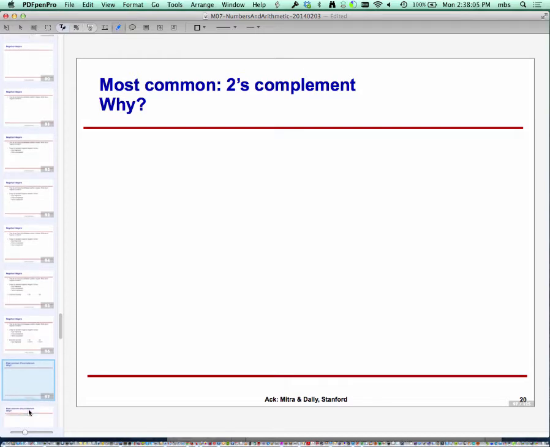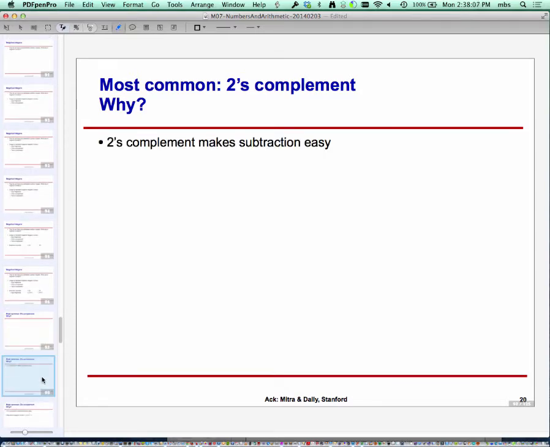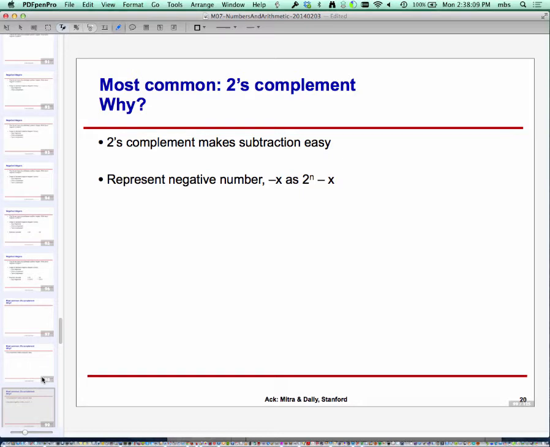So the way twos complement works is, if I have a number which is negative, so minus x, where x is the magnitude and it's a negative number, then what we are going to do is instead come up with a representation for 2 to the power n minus x.